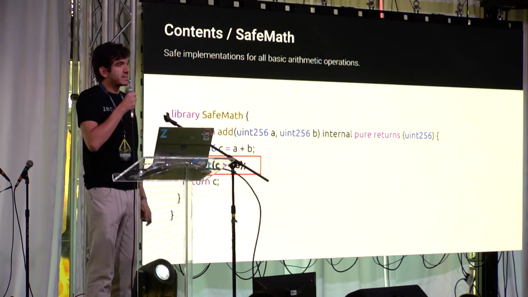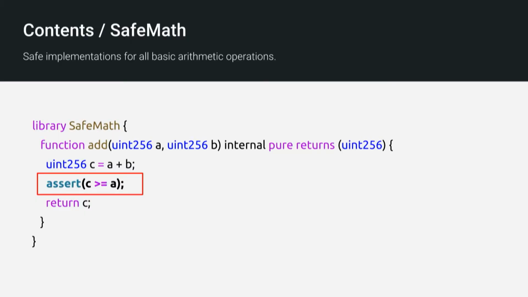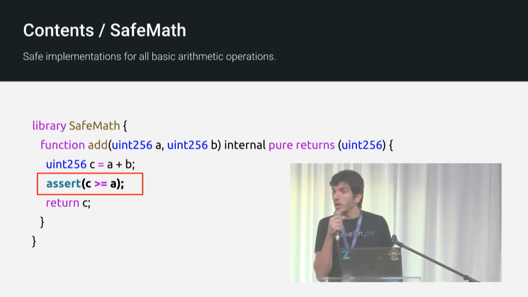The first thing we have in OpenZeppelin is a library called SafeMath. For those of you who don't know, all arithmetic operations in Solidity are unchecked, meaning that if you're adding two integers and it overflows, it will simply wrap around and you will never know. Same happens with multiplication, same with subtraction.